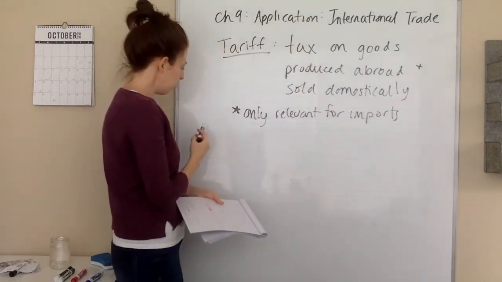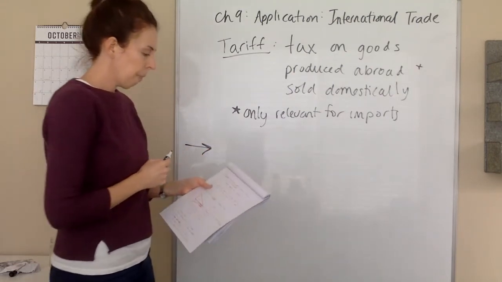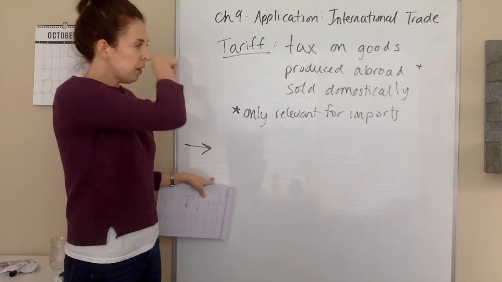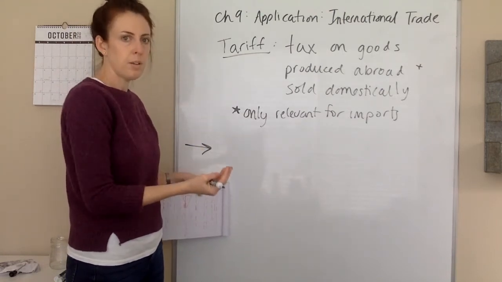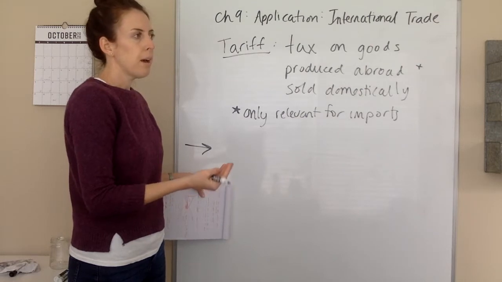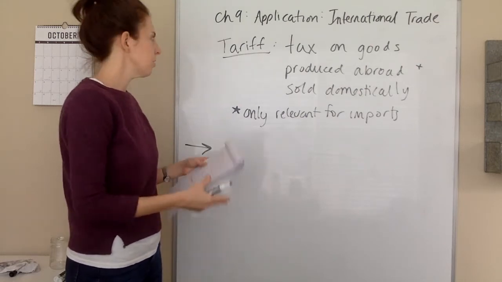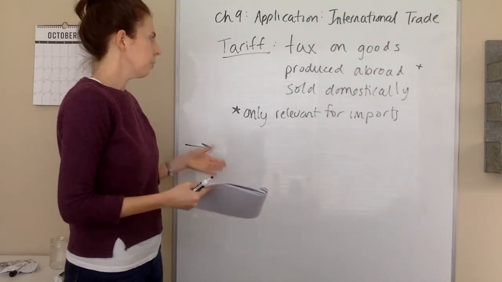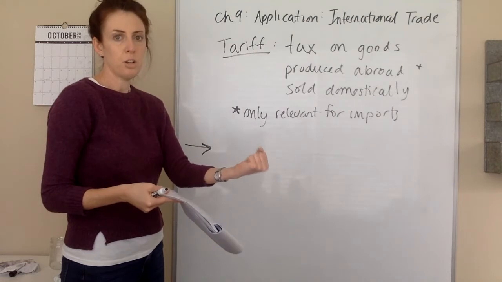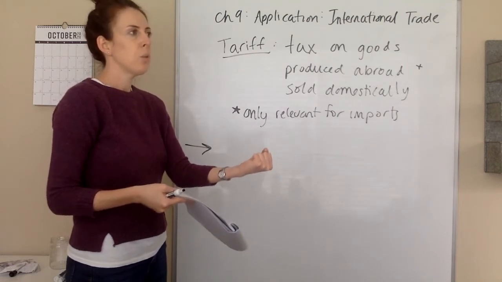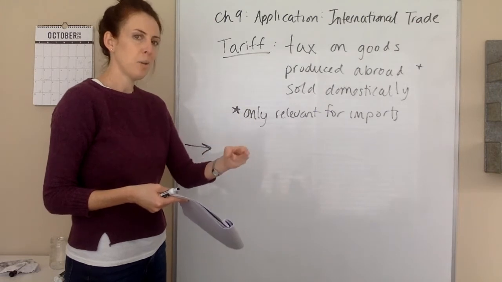Okay, let me tell you what tariffs would do in words, and then I'll draw you the pictures. If a tariff is slapped on every unit that's imported from another country, then because that tax has to be paid on top of the price that the good is exchanged at, there's going to be two changes in the price.